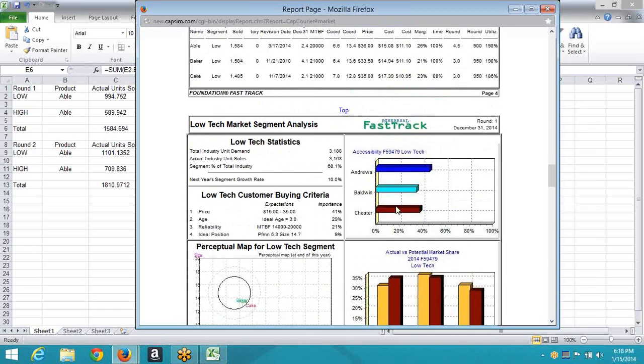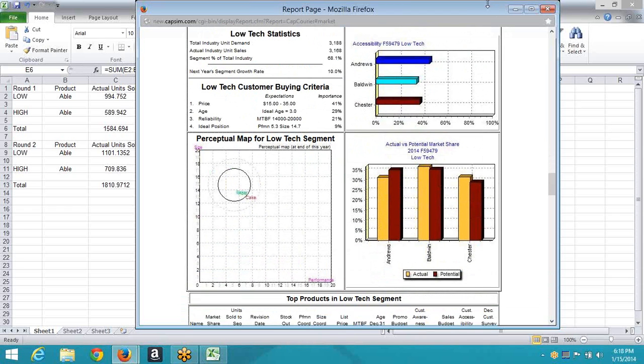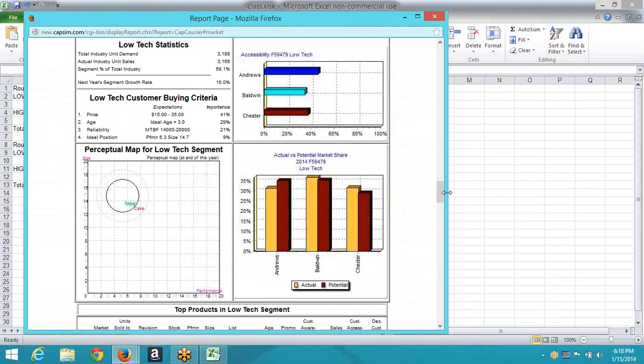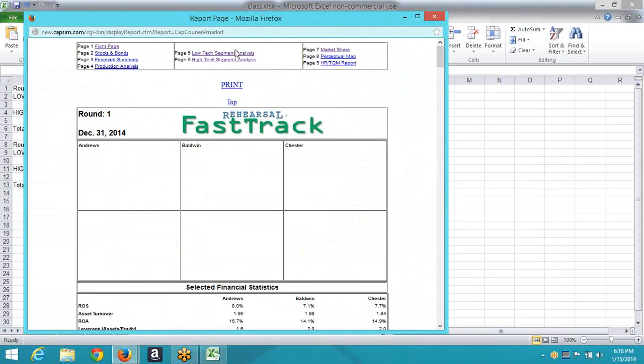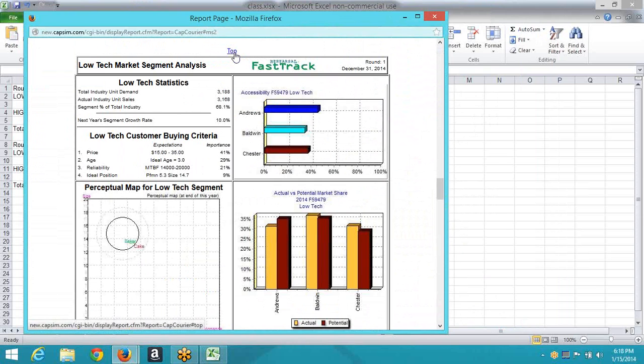So you're going to go to your low-tech market segment analysis. Again, if you can't find that, you just go to the top, click on low-tech segment analysis. In the low-tech segment analysis, it will tell you the total industry unit demand for that round, and then it will tell you what your next year's segment growth rate will be.